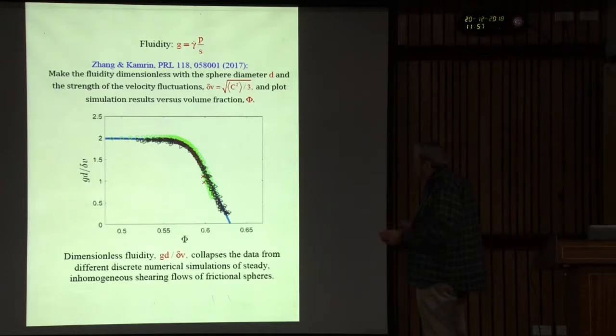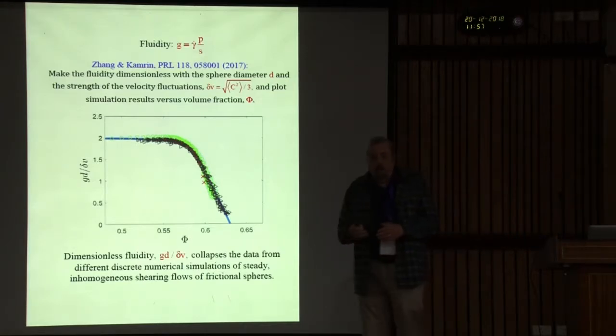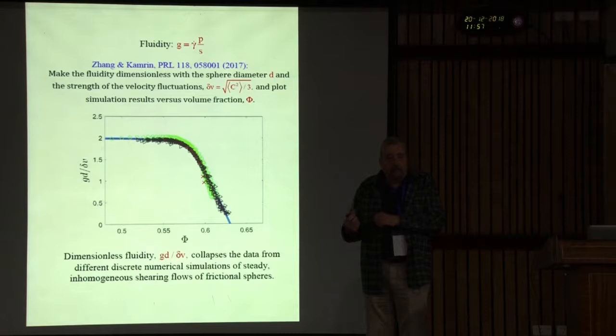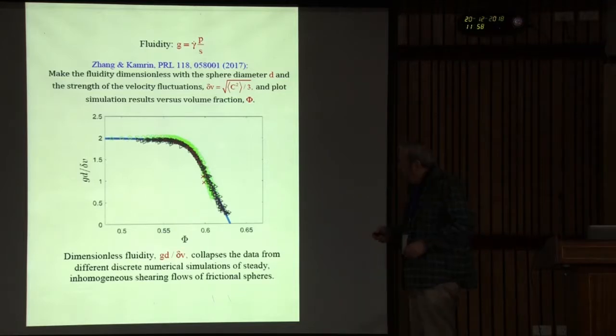Doesn't collapse perfectly, for example. So here are the red X's. They look like they might be going singular at a slightly different volume fraction than the rest of the data. But those red X's were rather frictional particles. So there is some sensitivity indicated even on this figure to the properties of the particles themselves. Okay, so that's fine.